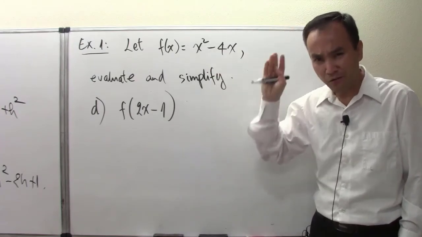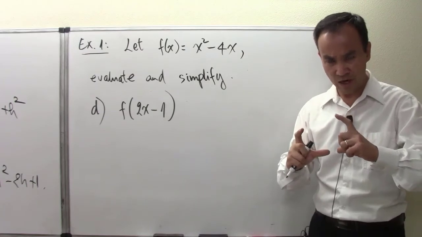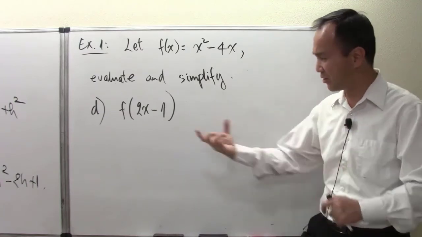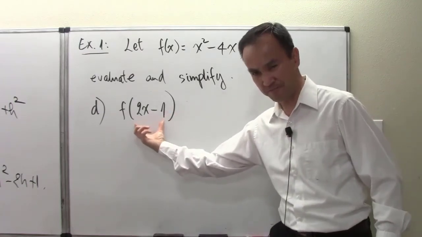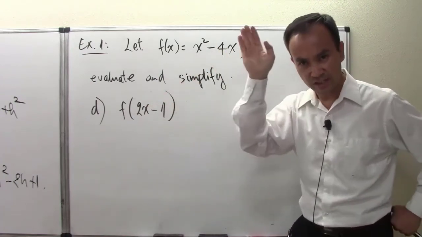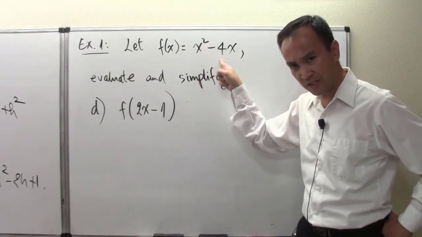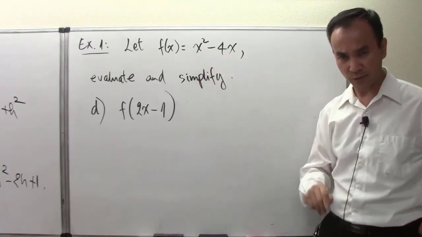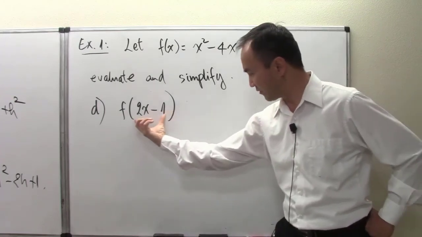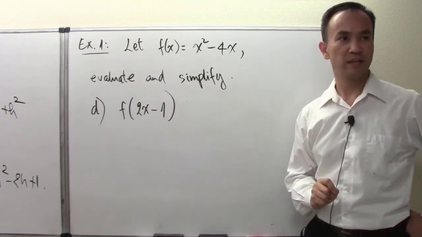That's not even a problem to worry about. Once again, the only ground that we keep here is that we take whatever input that is and substitute that into our rule right here. The rule says the input, square of the input, minus 4 times the input. That's what matters for us right now. Whatever that rule is will be applied on this input expression right there.